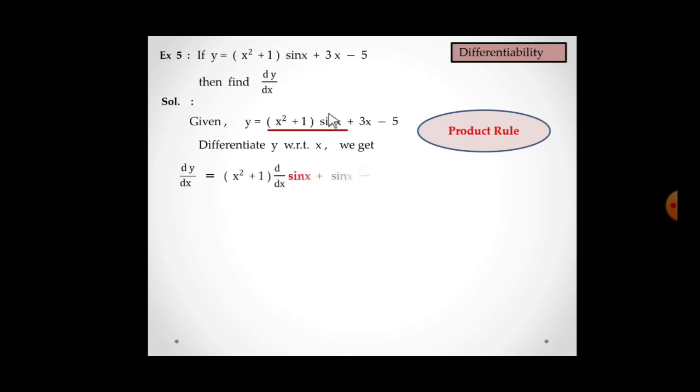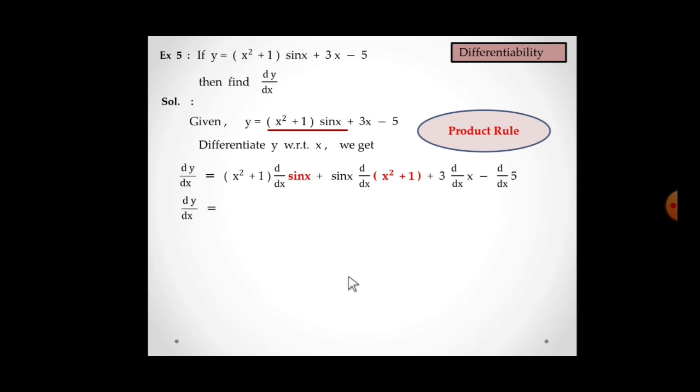It is not compulsory to follow g, f, and in any manner you can follow that rule. So first keep one function as it is and differentiate the other. Sin x plus, now sin x you have to keep as it is, and the differentiation of that is x square plus 1. So this entire thing becomes the derivative of the product, plus 3 as it is, d by dx of x, and minus d by dx of 5.